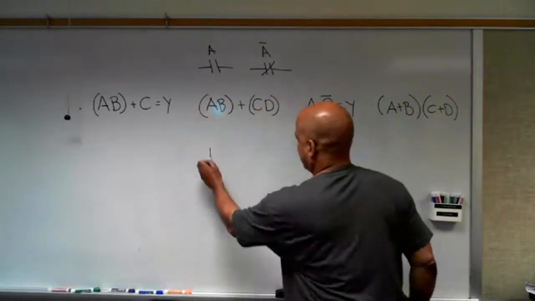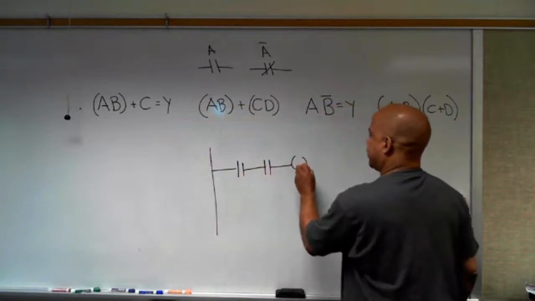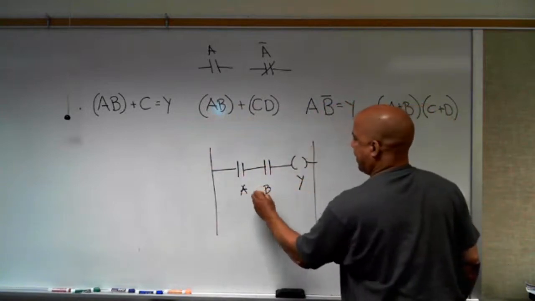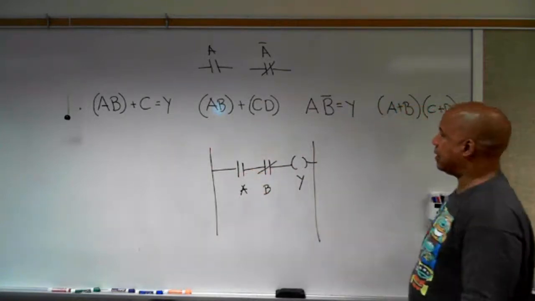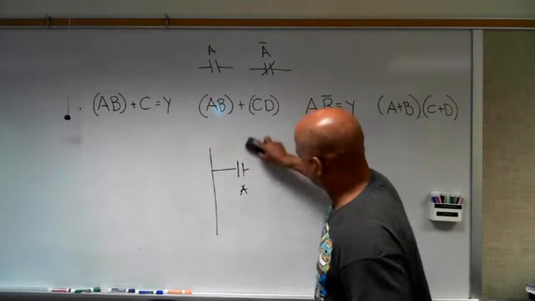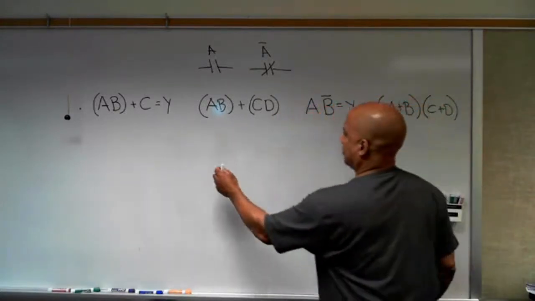So if I want to show this one, it's an AND, so they're in series. I've got A and B, and the NOT B, I just show it like that. And then this one, I've got two ORs.